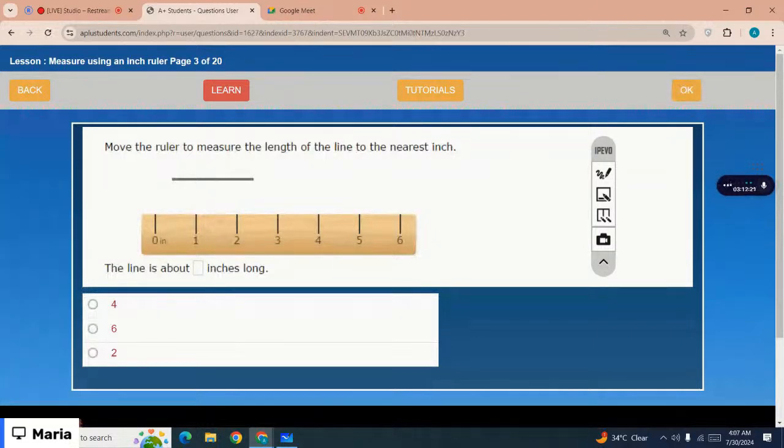Move the ruler to measure the length of the line to the nearest inch. So, what is the length of the line?